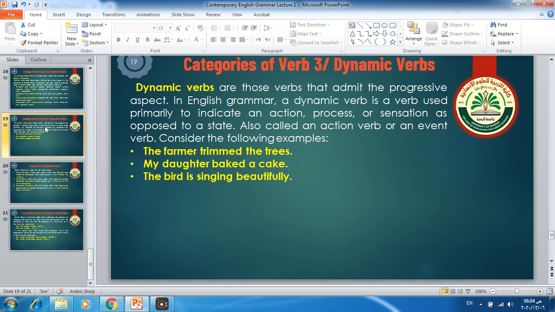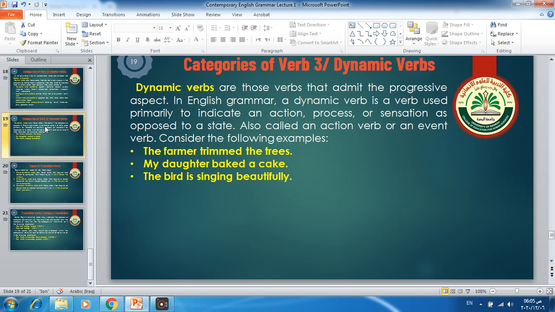Dynamic verbs. The dynamic verbs are those verbs that admit the progressive aspect, which means that these are the verbs that are used to speak about actions and processes. Okay, so they have a dynamic sense. They can be used in the progressive tenses.